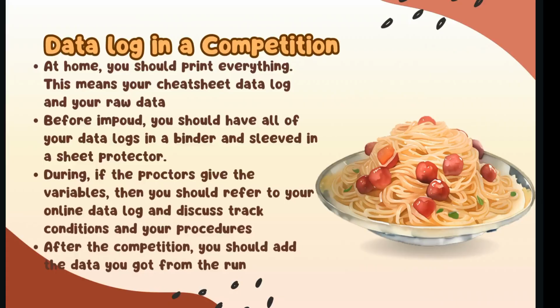And during the competition, not exactly when it's your time, but before, let's say you have a free time block where you're not doing anything, you should be observing the track, checking if the proctors gave the specific variables like distance, and referring to your online data log and discussing track conditions and your procedures with your partner.